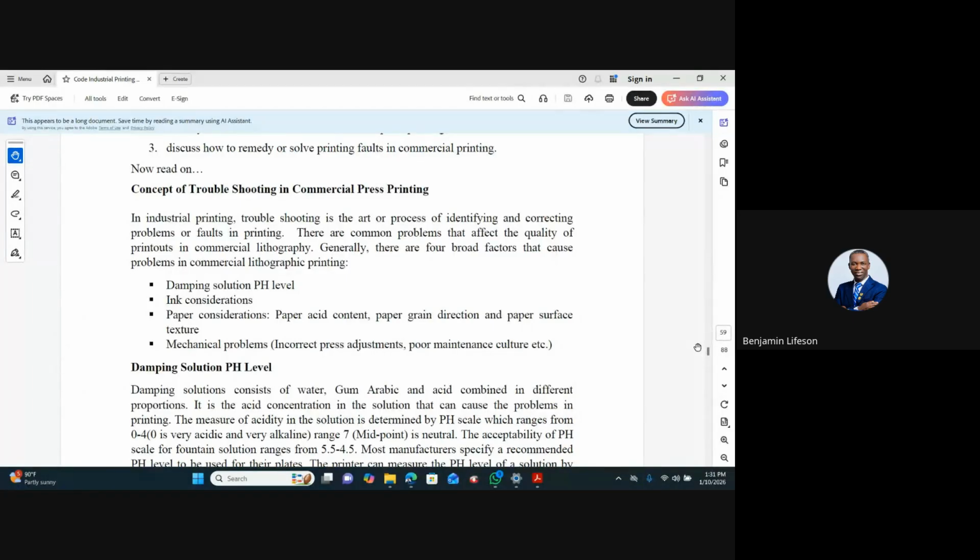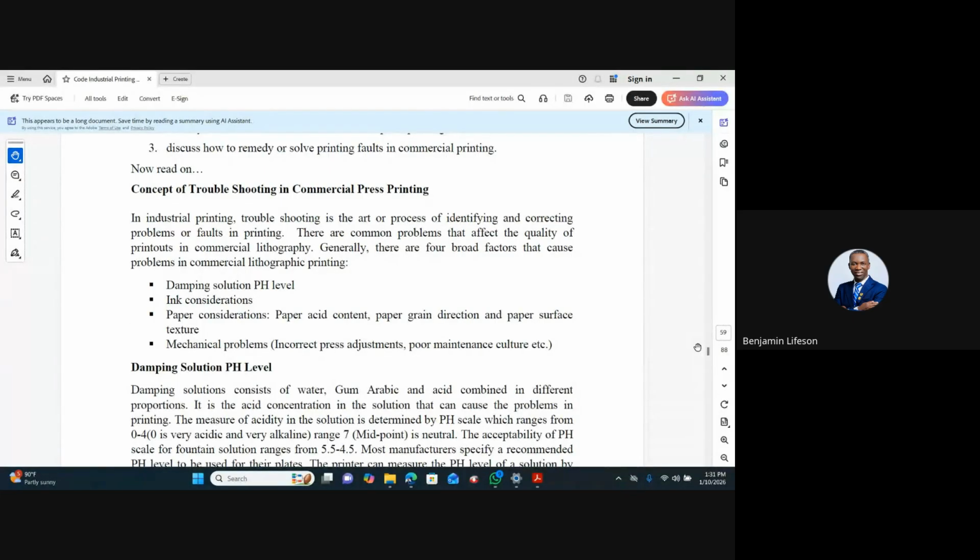If you are talking about the damping solution, that's the pH level. If the pH level is high or low, what will happen? If you are talking about the ink, if the ink is light, what will happen? If the ink is having a problem, what will happen? If we are looking at the paper, the grains of the paper, if it is smooth, what will happen?